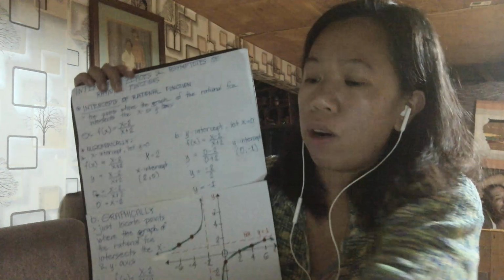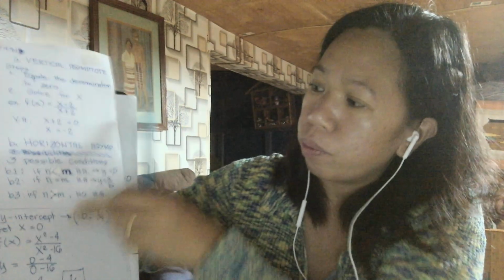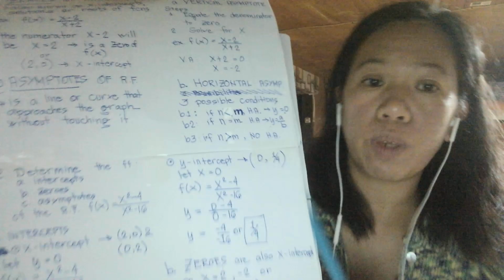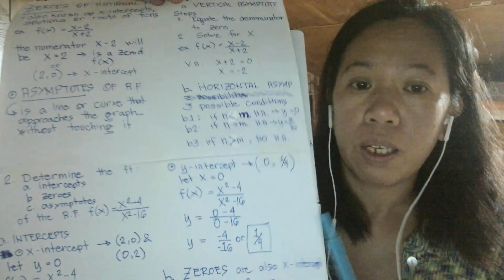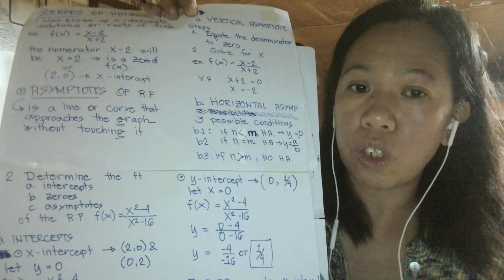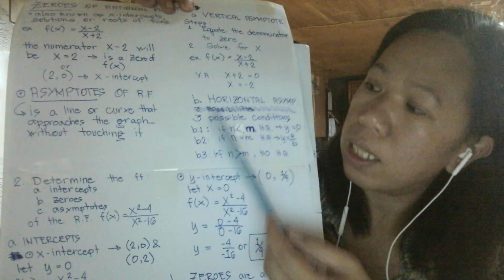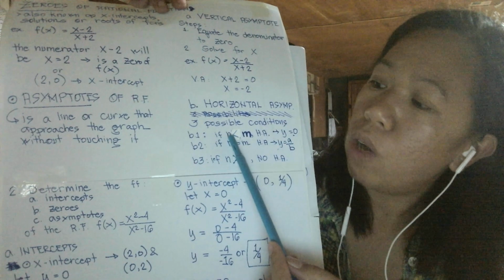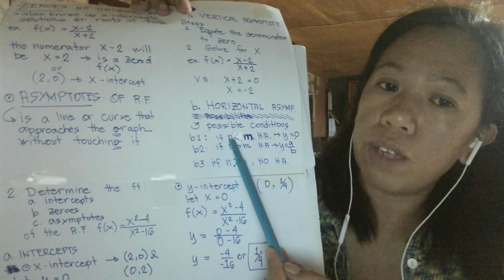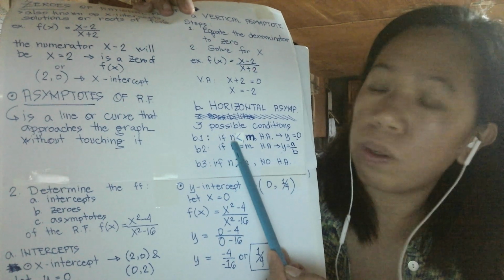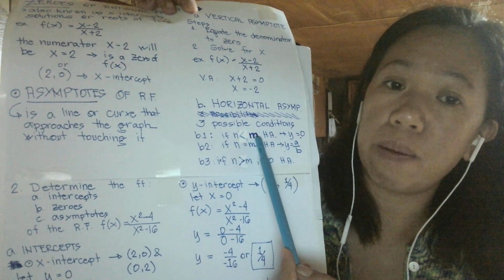While for the horizontal asymptote, the horizontal asymptote can be solved considering three conditions. Okay, so the first condition is to notice the degree of the numerator and the degree of your denominator.